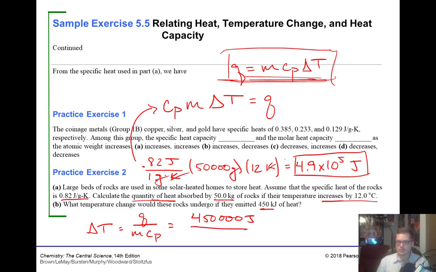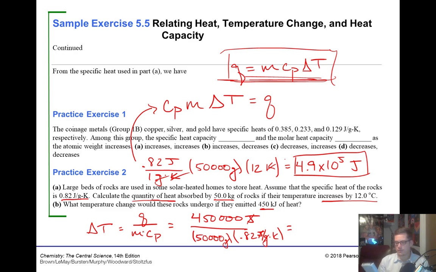The mass was the same 50,000 grams, and the heat capacity of the rocks was 0.82 joules per gram Kelvin. If you're savvy with your units, you can see that the joules cancel, the grams cancel, and you'll be left with just kelvins, which is exactly what we need for our temperature change.